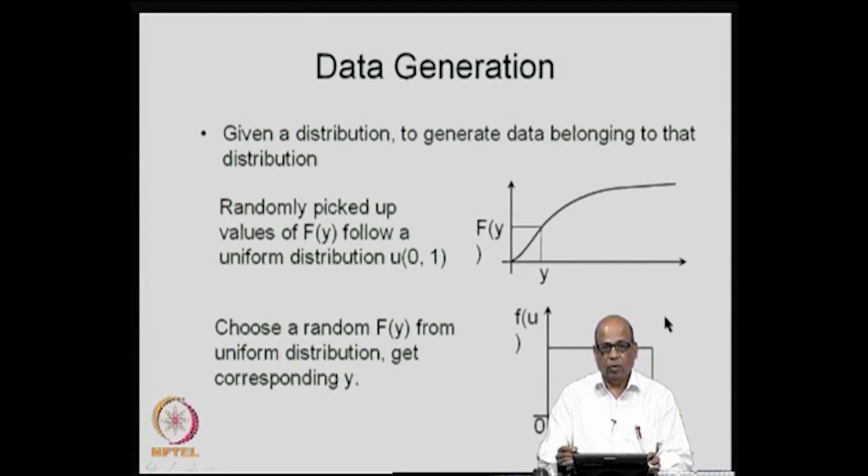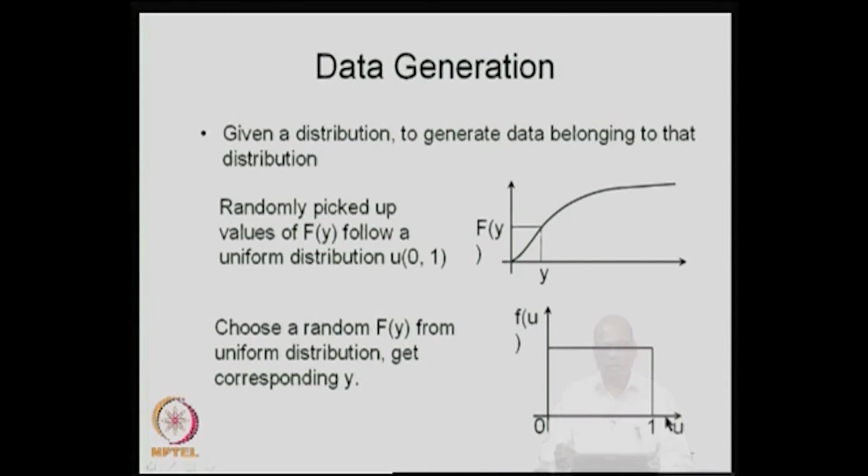What is this random value? As I just mentioned, randomly picked F of y's follow a uniform distribution between 0 and 1. So, you generate random numbers which belong to this uniform distribution in the interval 0 and 1, set that equal to F of y and solve for y, knowing the analytical expression, and that is the generated value of y. Next time you change F of y by changing the random number and generate another value of y, and so on and so forth.